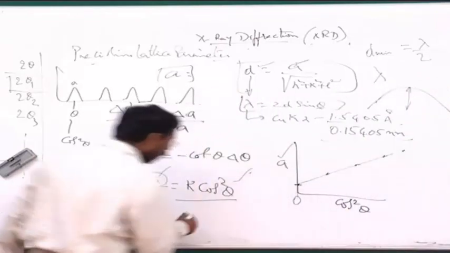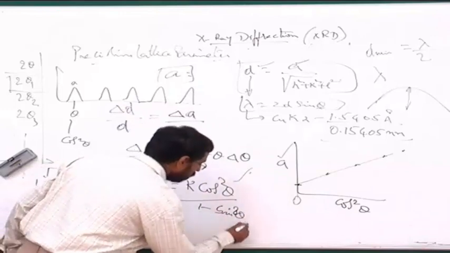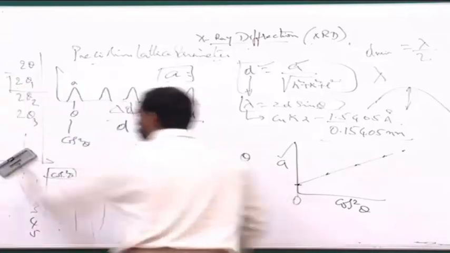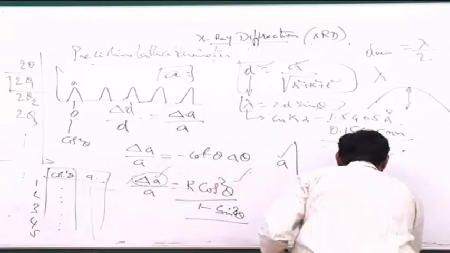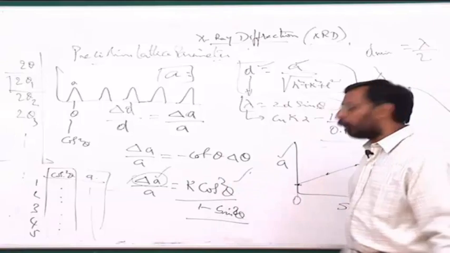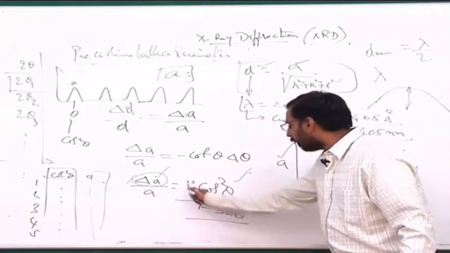And because we know cos square theta is 1 minus sin square theta, I can also do the same thing by simply replacing this with sin square theta. Because this is 1 minus, so again k into sin square theta will come, and this k into 1 will come.